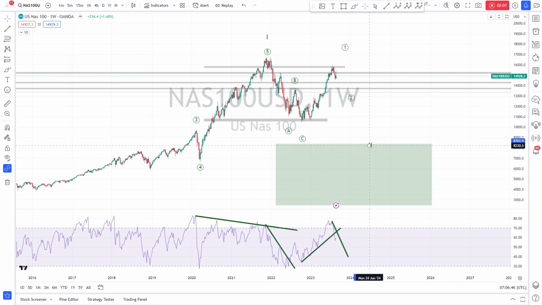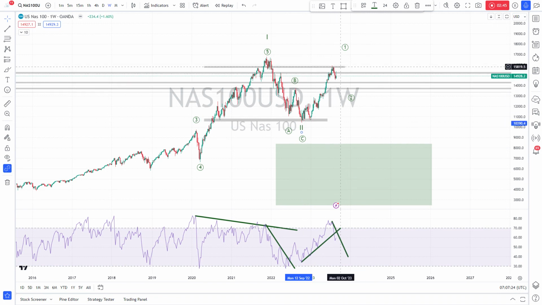And then it could be that this here is just part of a corrective move, so that we have a wave A down here, that this is a corrective wave B, and that this then is an A, B, C with an extended wave C. Then we should have another impulse down in 5 waves, 1, 2, 3, 4, 5, as a wave C entering this area. This is not my primary scenario because we have our wave 2 low here.